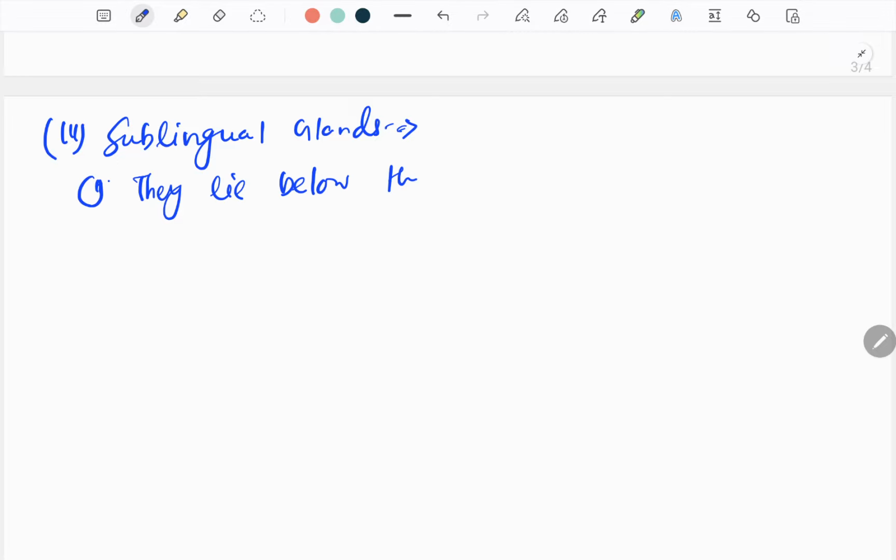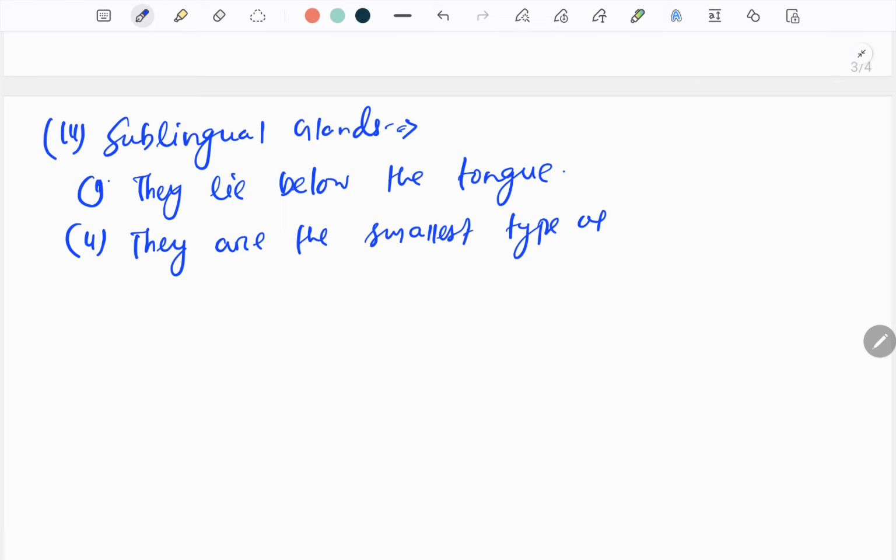They are the smallest type of salivary glands. The largest are parotid glands, second largest submandibular, and the smallest sublingual.